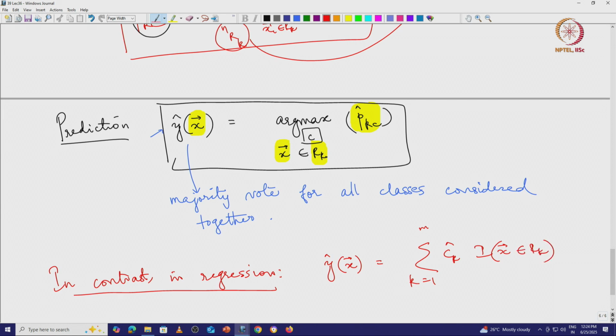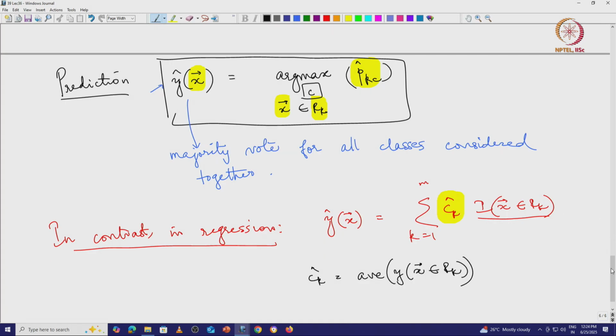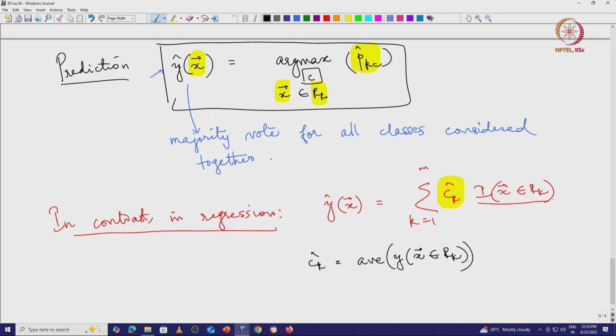So that is the indicator function. Essentially you just got the value of this constant in the region in which the point is lying, and these constants were just given by the average vote. So ck hat was the average of all the y's corresponding to the points lying in region K, and this was derived a couple of lectures ago, and I am just writing this here for your recollection.